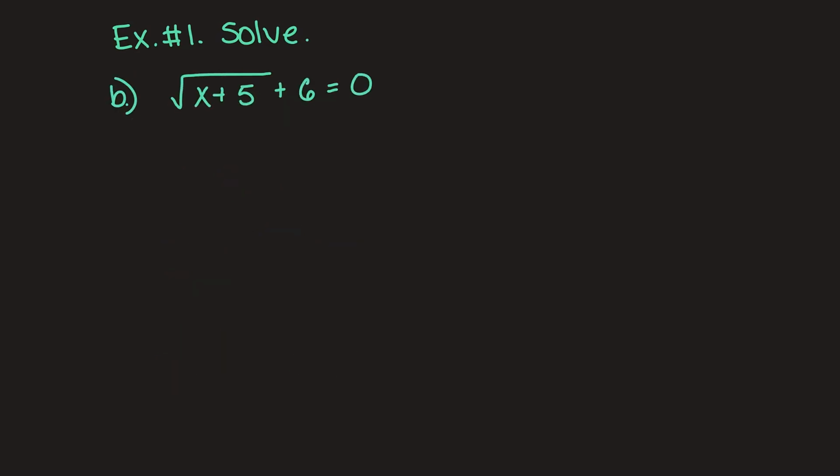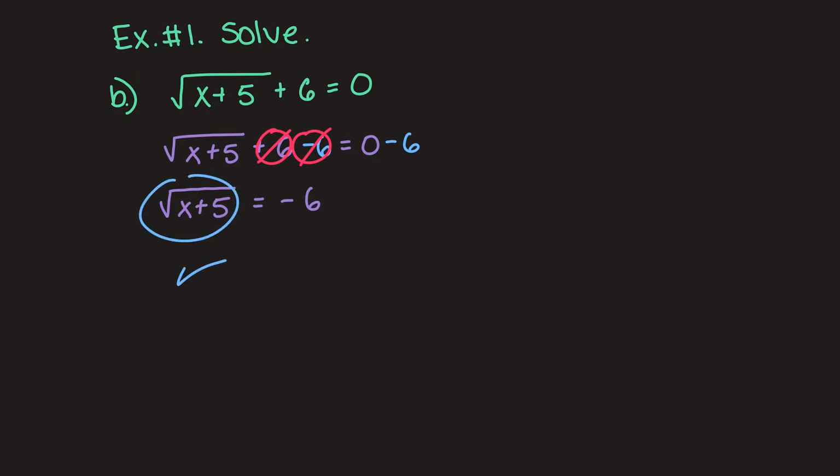For the next equation, we need to first get the radical by itself on one side. So we subtract 6 from both sides of the equation. And now we can square both sides. This will eliminate the radical on the left side. And the right side simplifies to negative 6 quantity squared, which is positive 36.